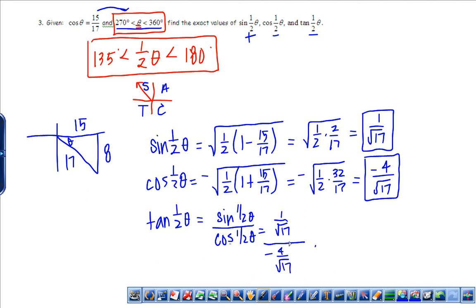When I leave change flip, that's going to give me negative 1 over 4. And I know my answer has to be negative because that's what we found at the very beginning. Again, if you wanted to, you could use one of your formulas from the start.